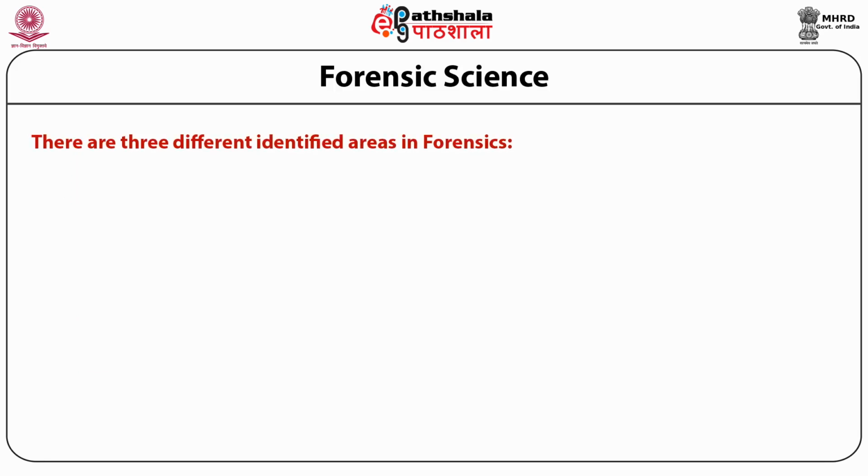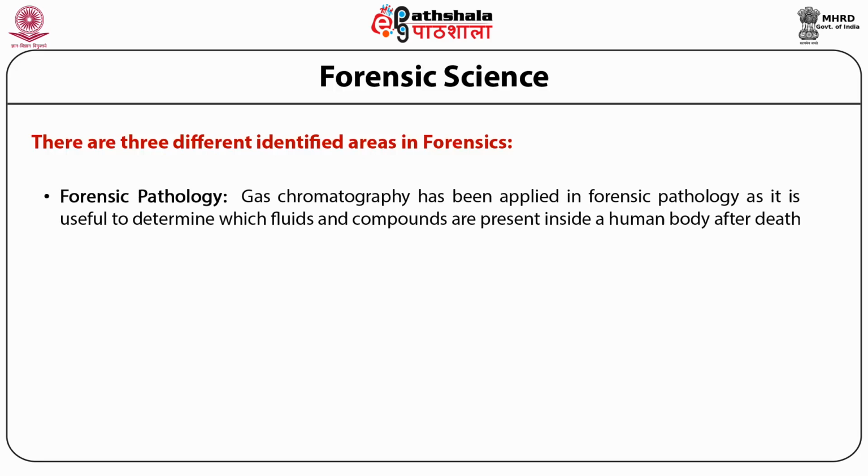There are three different areas identified: forensic pathology, crime scene testing, arson investigation. Forensic pathology. Gas chromatography has been applied in forensic pathology as it is useful to determine which fluids and compounds are present inside a human body after death.